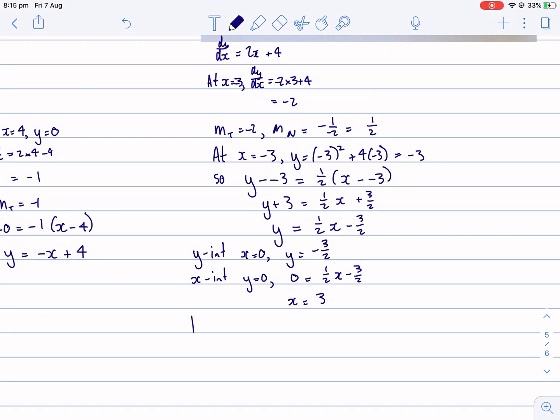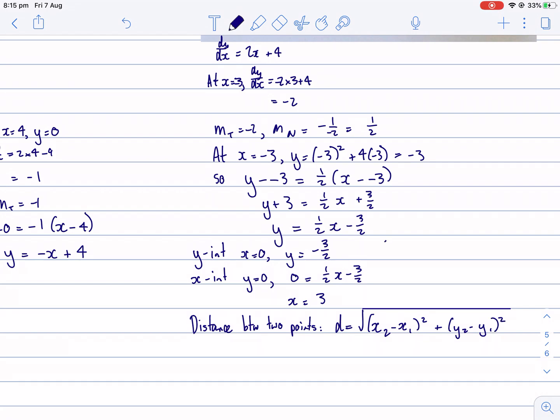So distance between 2 points. Remember, d equals the square root, it's an application of Pythagoras, of (x2 take x1) squared plus (y2 take y1) squared.